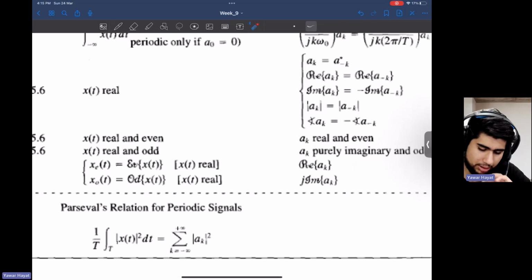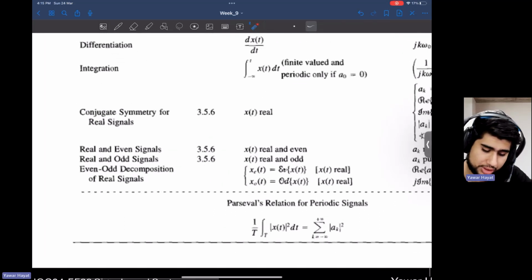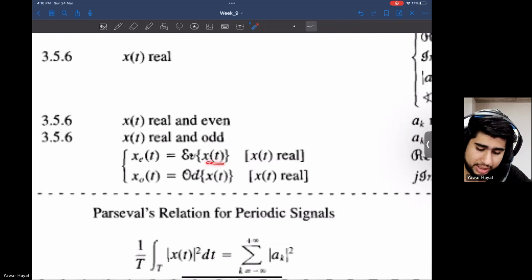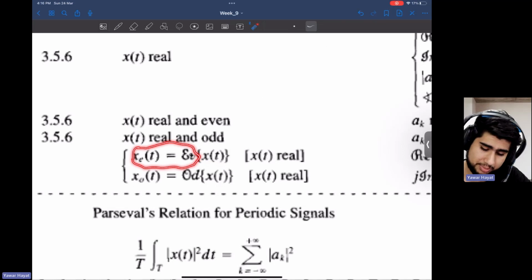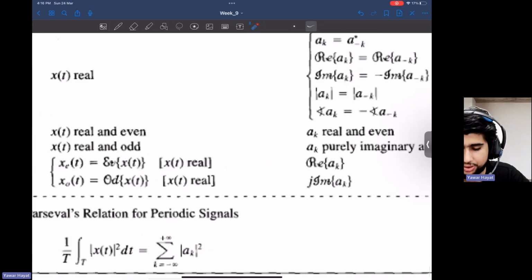So now, this is the even-odd decomposition of real signals. If x(t) is real and suppose we take its even part, then its Fourier series coefficient is the real part of a_k, where a_k is the Fourier series coefficient of x(t).